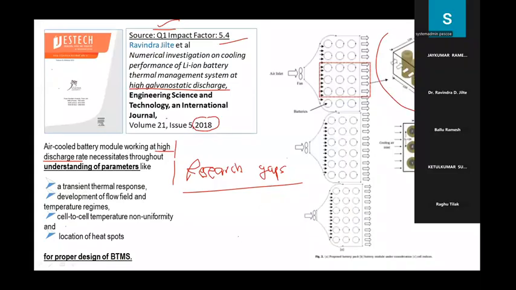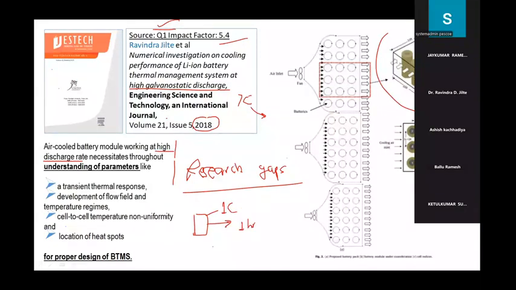Now the question will come to our mind, and it also came to the reviewer's mind: what are the situations where this high galvanostatic discharge is required? For example, we are talking about 7C. C is the charging or discharging rate. If you provide 1C to a battery, it means the battery will be drained in 1 hour.